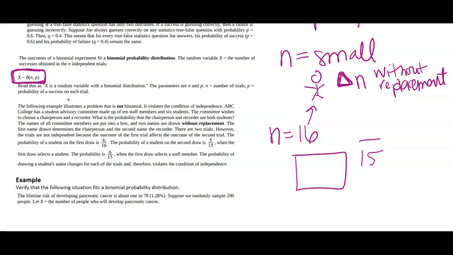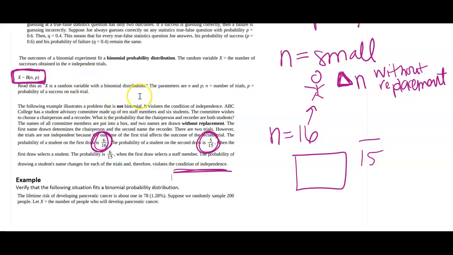And 6 out of 16 here, and 5 out of 15, those two fractions aren't close enough to say that the probability resets. So that's going to violate the condition of independence.